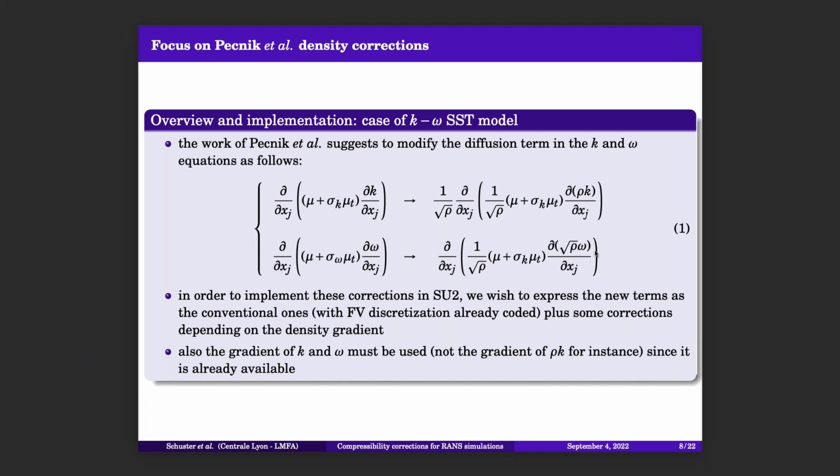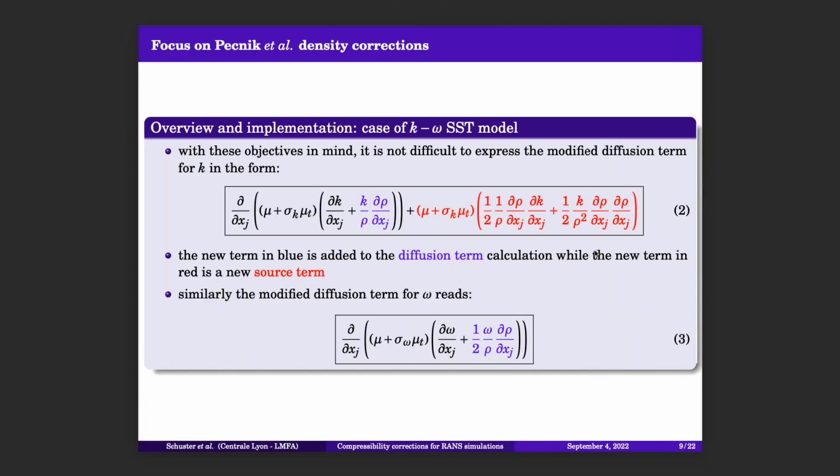Next slide, please. So the idea is that with this in mind, you can expand, it's a little calculus, really basic. You can actually expand the Pecnik formulation in the following form, where you recover, in black, I would say the baseline term, okay?